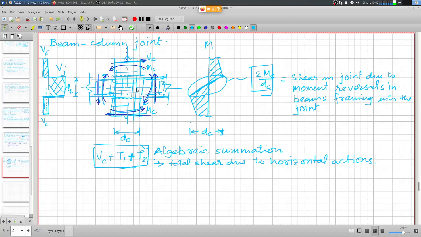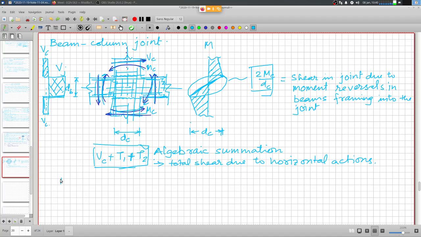Sometimes it is so difficult that, unless you are careful and very vigilant on the site, most of the time you will find that people do not bother about providing these stirrups, or this transverse reinforcement, in the joint region.